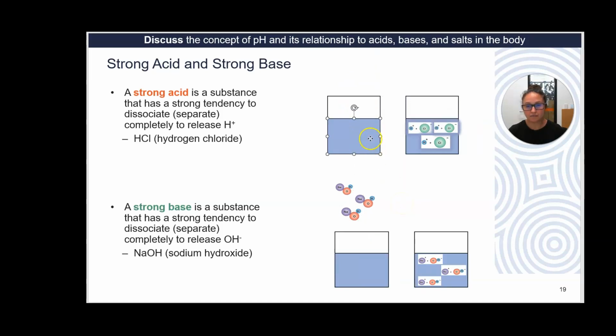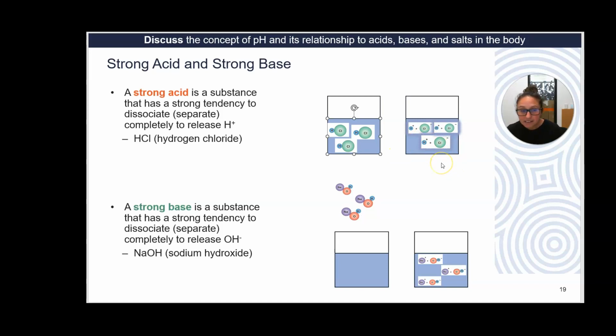There you go, they're in our water beaker. What's happened? Can you see that I've put 3 molecules of acid into water, and 1, 2, 3 of them have broken apart? All of them have broken apart. When that happens, that means it's a strong acid. When every single one of these breaks apart, it's a strong acid.